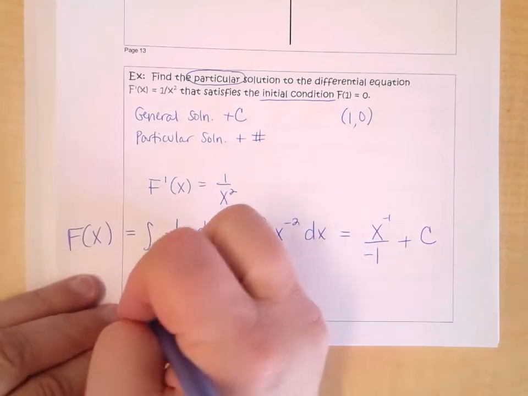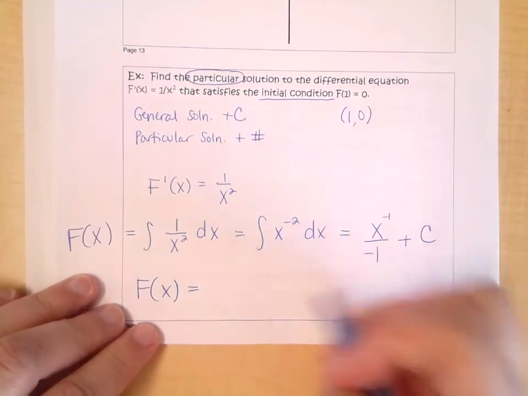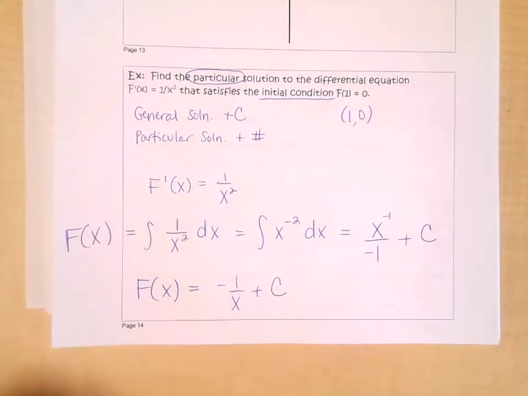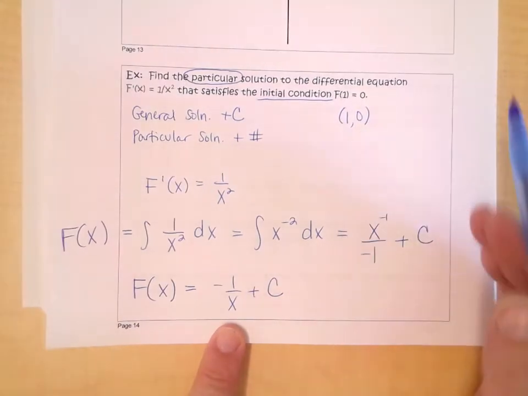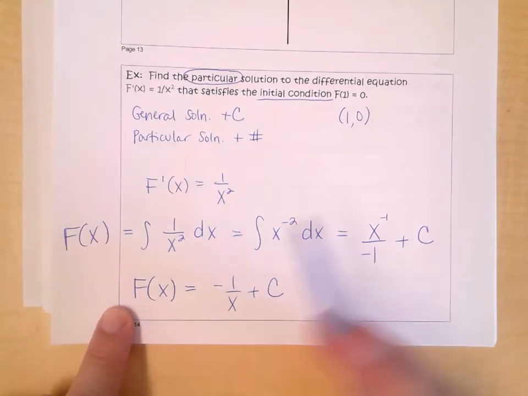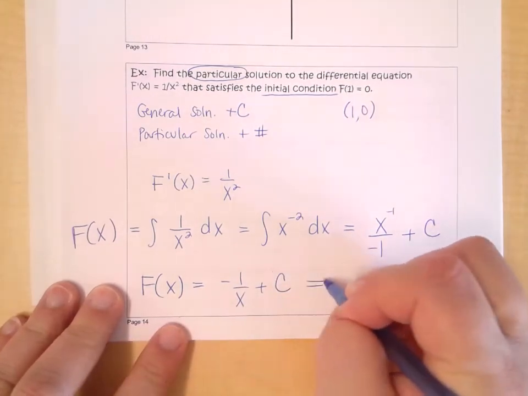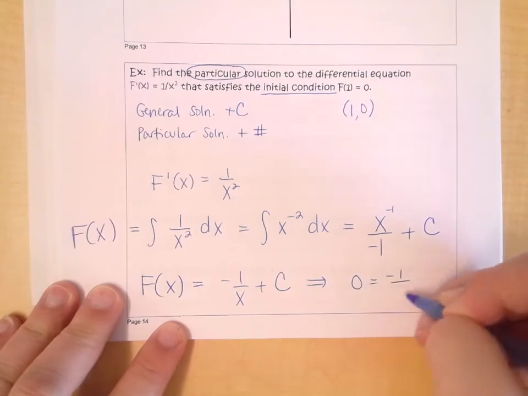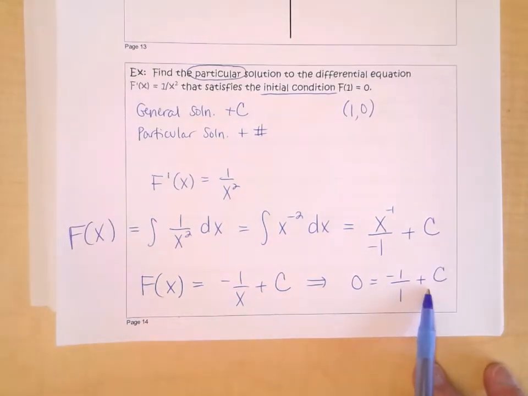Let me rewrite this. Capital F of x is equal to negative 1 over x plus c. I'm told that 1 is my x value and my y value is 0. So what's the value of c?